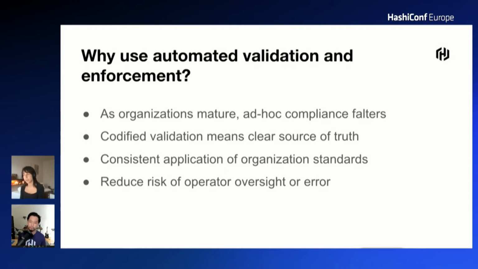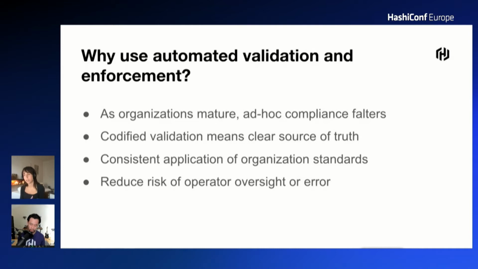As your organization matures, that sort of ad hoc compliance can falter and it becomes harder to enforce. You likely have more resources, your standards are growing more complex, so it's a lot of responsibility to offload onto your team members. What you can use instead are automated validation mechanisms. So what that means is that you're likely codifying your rules and standards and defining a clear source of truth, perhaps in a VCS repository.